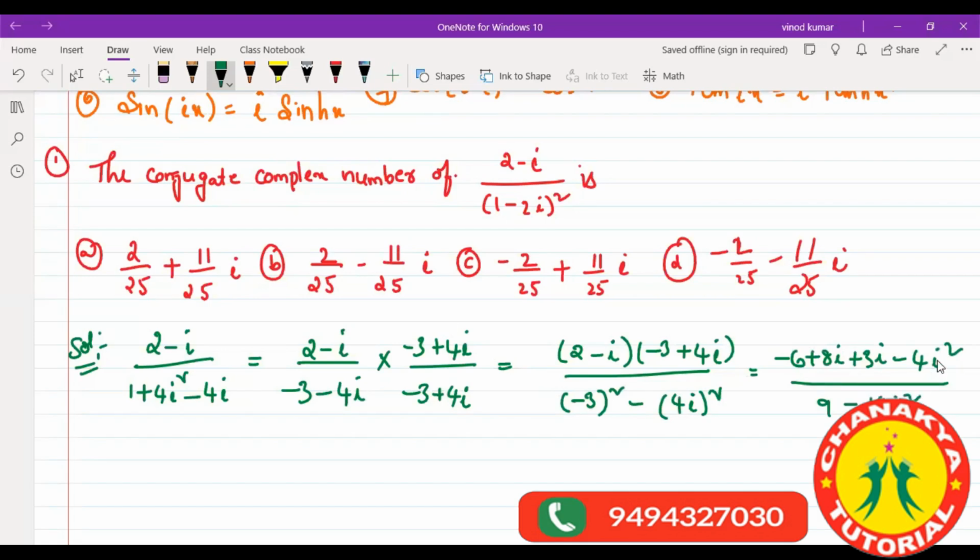I square value is minus 1, so minus 6 plus 4 is minus 2 plus 11i, and 9 plus 16 is 25. So finally we got the answer: minus 2 by 25 plus 11 by 25 i. Yes, this is the answer.